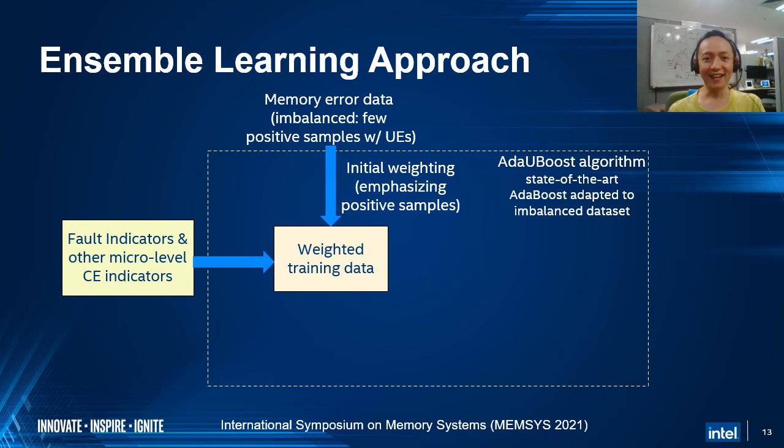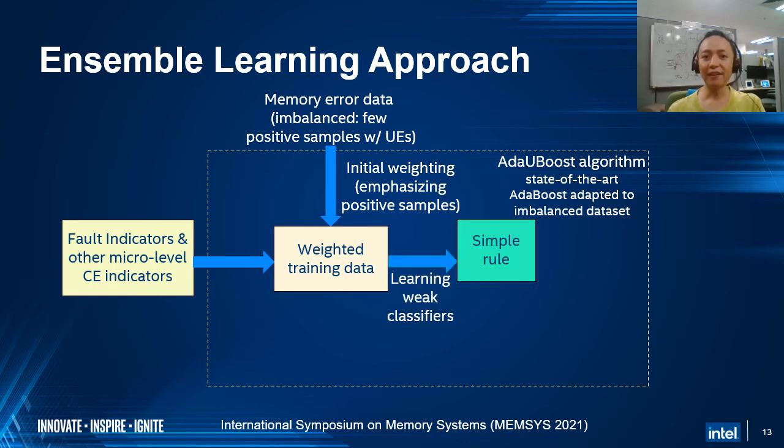Given the error data and the defined indicators, we generate the weighted training data. In the initial weights, we emphasize the samples with UEs. A simple rule is learned from the weighted data. This rule simply takes one indicator as the input and determines whether UEs will happen or not in the future.